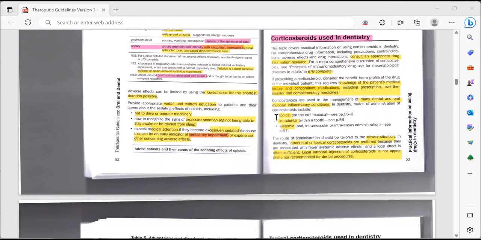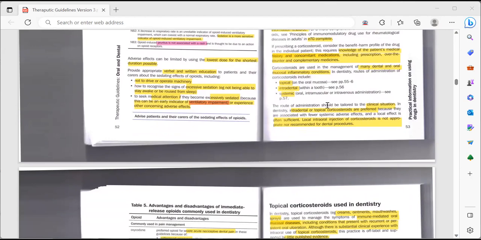In dentistry, as a general dentist, we do not really prescribe any systemic corticosteroid. We either give the topical one or intradental while doing root canal. We use the material that does contain corticosteroid in them. But systemically, like oral route or IM or IV, we cannot really prescribe it.